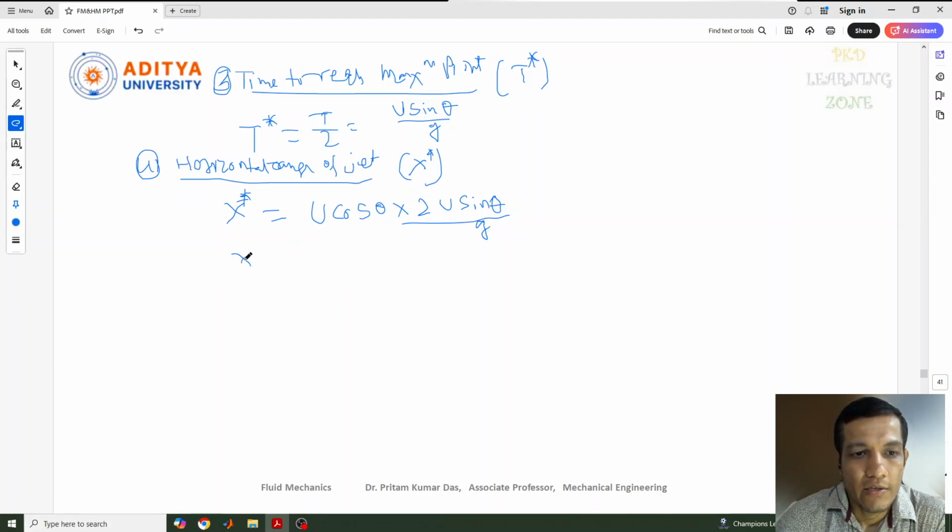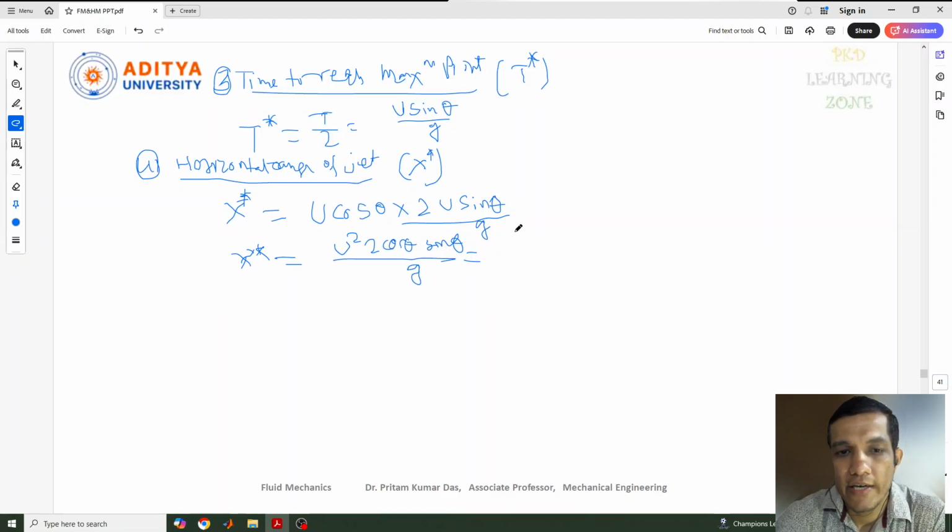So I can write x star equal to u square 2 cos theta into sin theta by g. So this one, 2 cos theta sin theta, we know that is sin 2 theta, so you can write u square by g sin 2 theta.